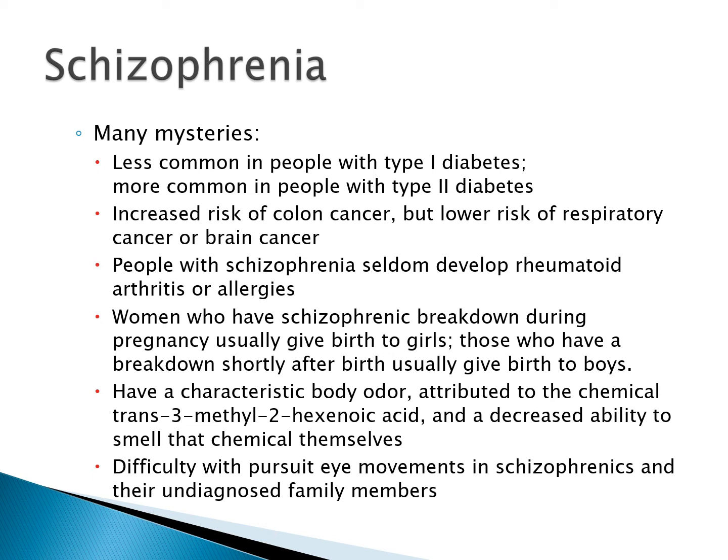I think I mentioned this before as well, so I want to get on an eye tracker and see. I think I had this and their undiagnosed family members from a previous edition of the text. And then I read somewhere else it's more like 75% of undiagnosed family members. And again, what this is unclear, and whether the family members are learning this from a family member who has schizophrenia, or this is something that is genetic. It's unclear.